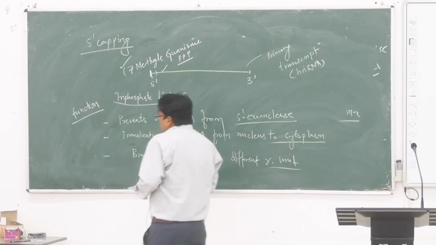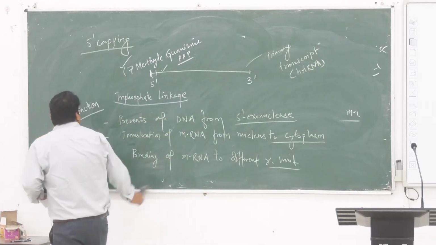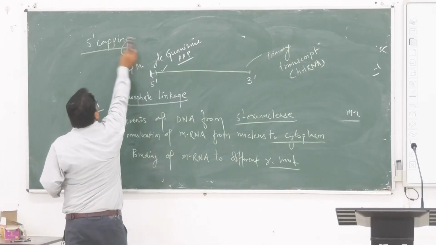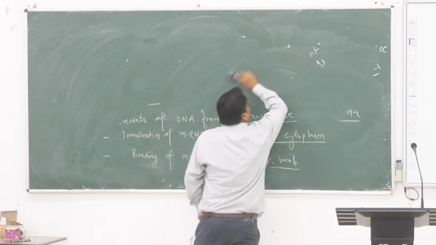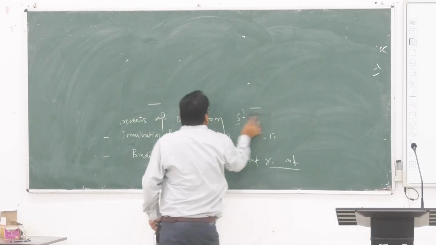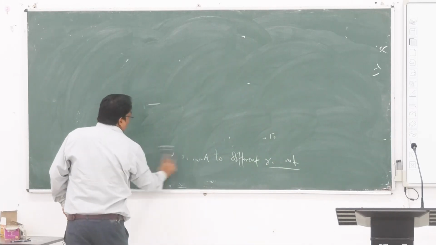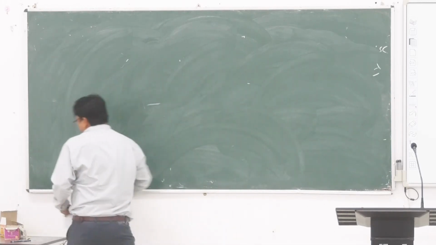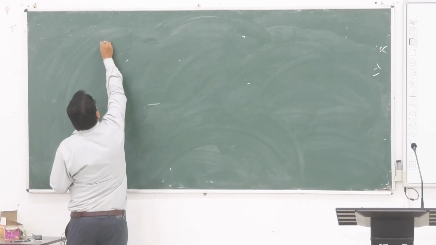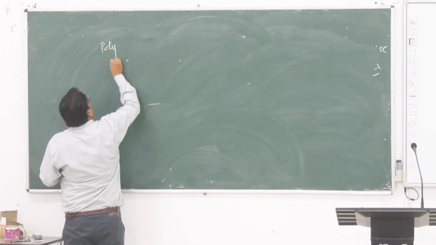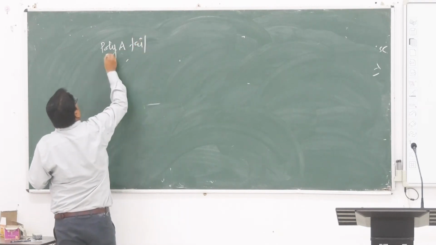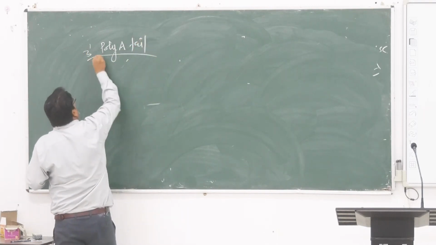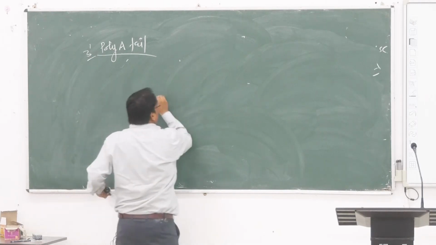Now the next step is the 3 prime poly-A tail. As you read the word, you understand that there is attachment of adenosine groups.